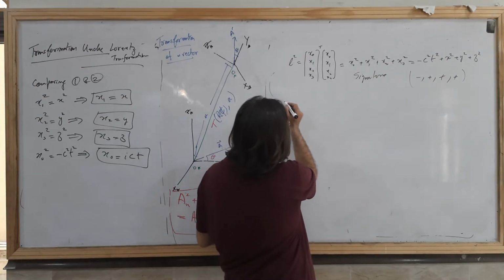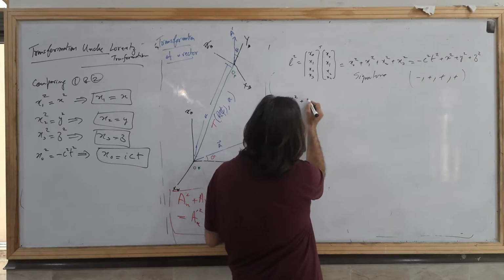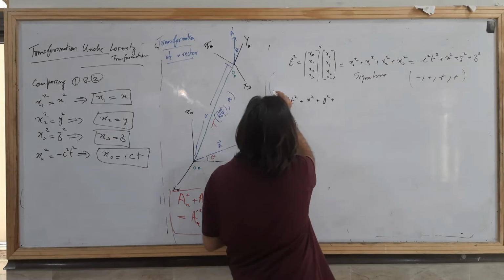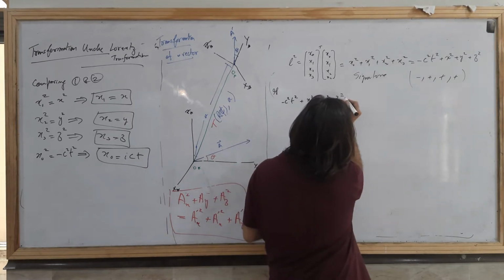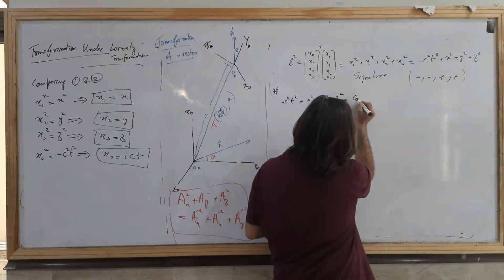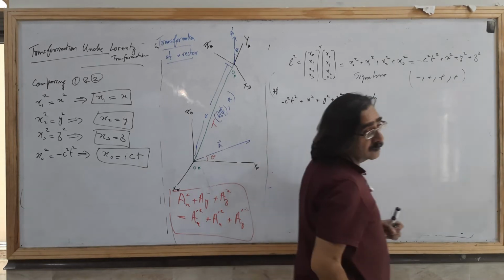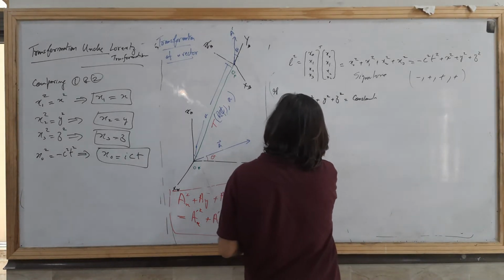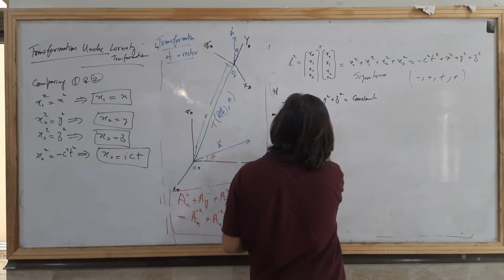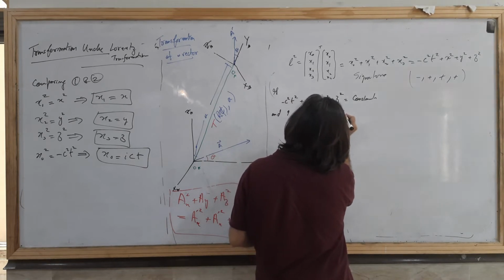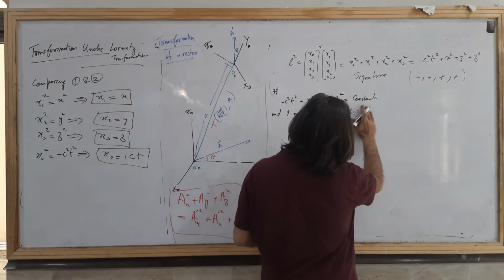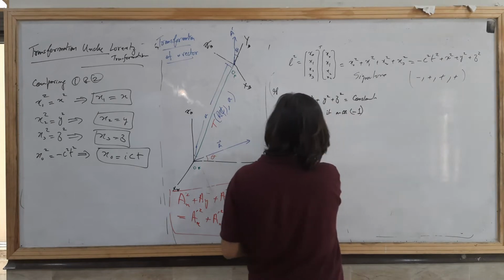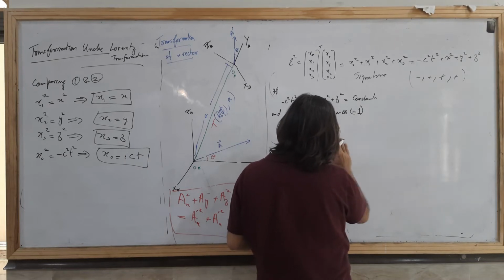If I am saying that minus c square t square plus x square plus y square plus z square is constant, and I multiply it with minus 1, then this will become c square t square minus x square minus y square minus z square.